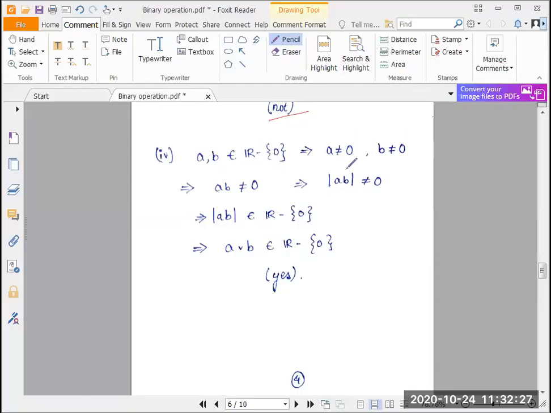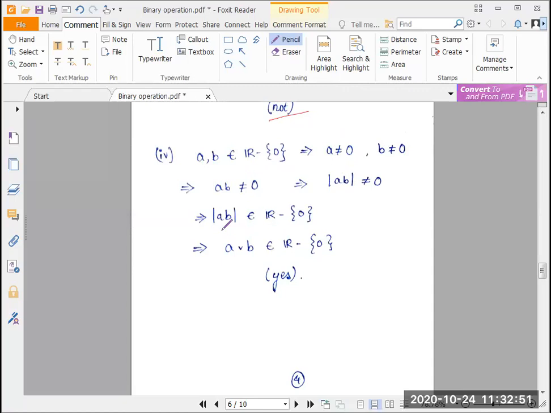Now, if A and B are not 0, that means A multiplied by B is also not 0, which means modulus of AB is also not 0. And A and B are two numbers which are positive or negative, decimal or fraction, rational, irrational, whatever it is, it's a real number other than 0.